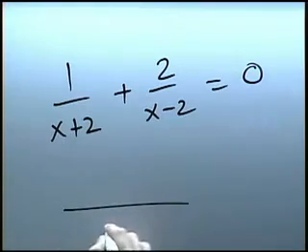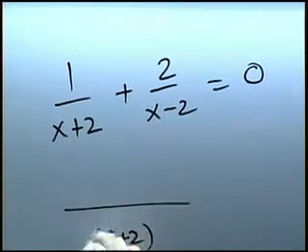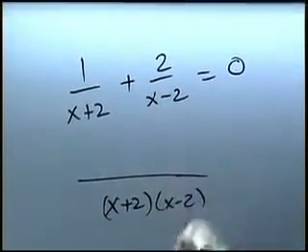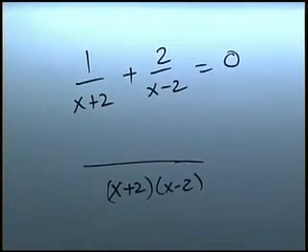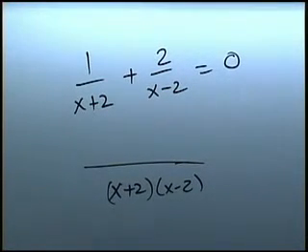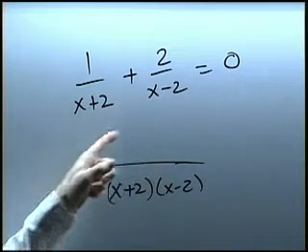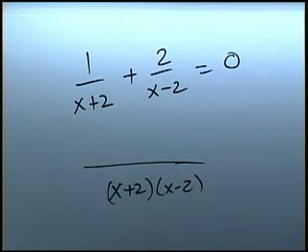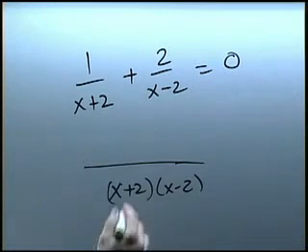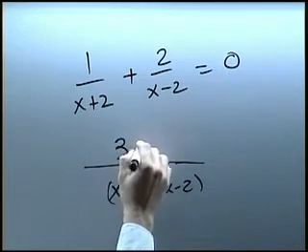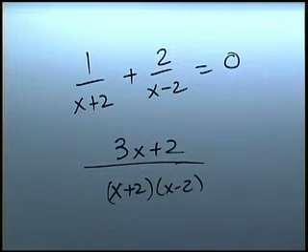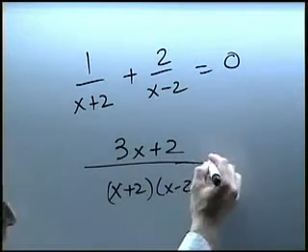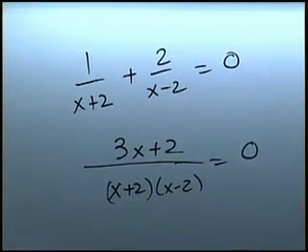Just to save some time here, we should already have this in our notes. The common denominator was x plus 2 times x minus 2. What did we have in the numerator? I forgot. When we combined these together, what did we get for the numerator? 3x plus 2? Okay, thank you. So 3x plus 2 is our numerator, and this gets set equal to 0.